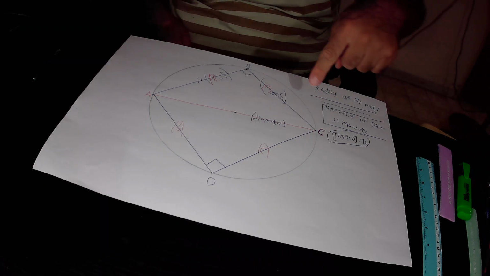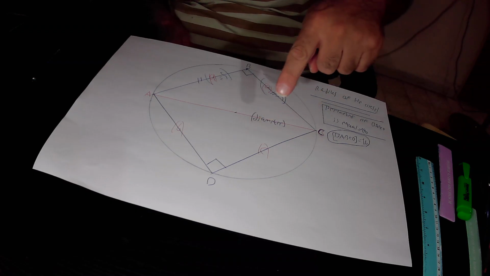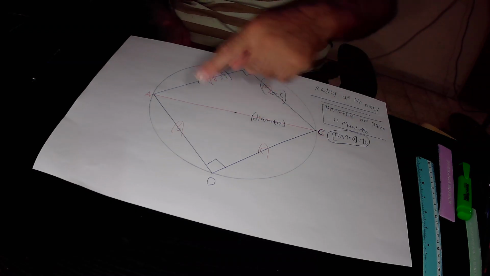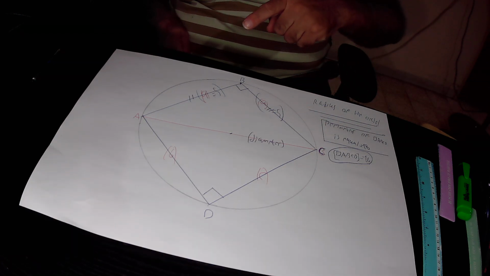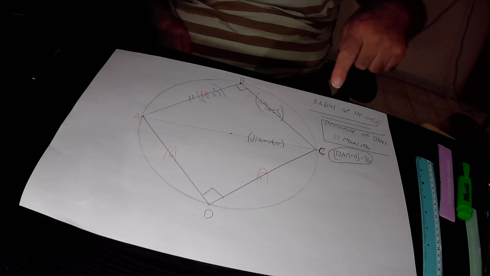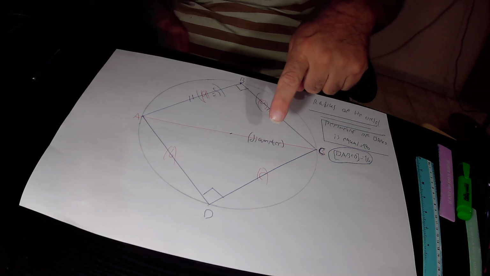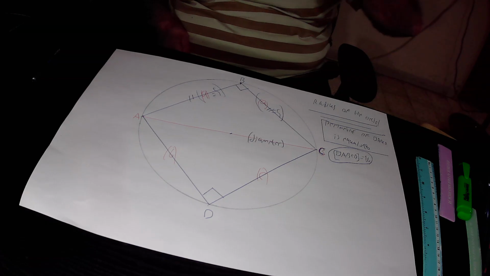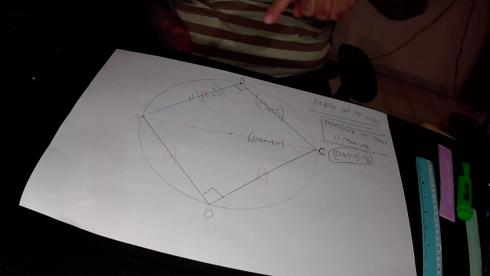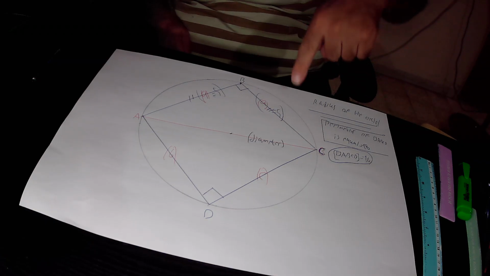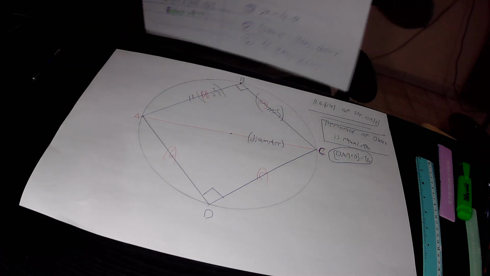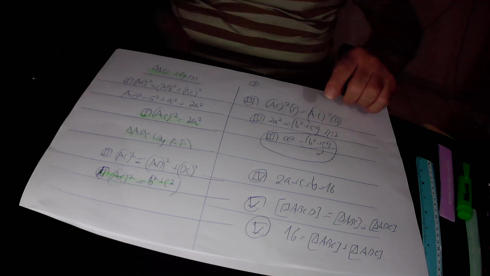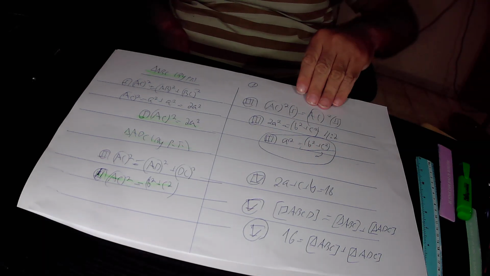AB is A, BC is A, CD is C, and DA is B. So in total, AB plus BC is A plus A, that is 2A, plus CD, that is C, plus DA, that is B. So the perimeter equals 18, and according to equation 4, 2A plus C plus B equals 18.